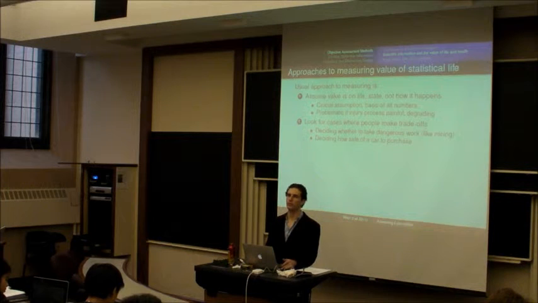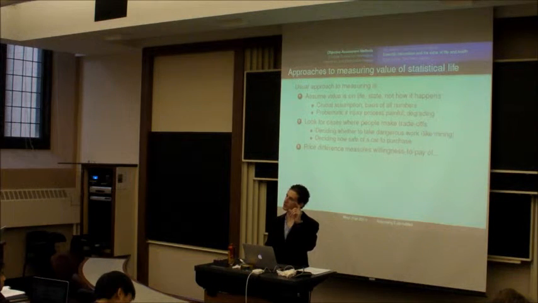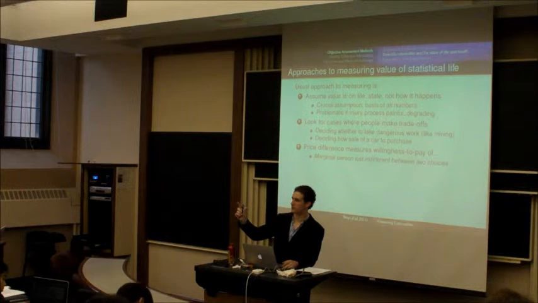Or when people decide how safe of a car to purchase, if you can control for a lot of other features of a car and see how much people are willing to pay for greater safety features, that's another approach you can take. Then you can just look at the difference in price, and that is going to measure the willingness to pay of the person who is just indifferent between the two options, right?